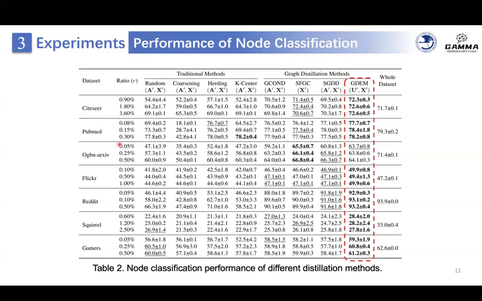For some of these, for example, the value for the ratio is 1.220%. So basically that means that the number of nodes in the synthetic graph is like 1% of the nodes in the original graph. Did I understand that correctly? Yes. Okay, I understand.